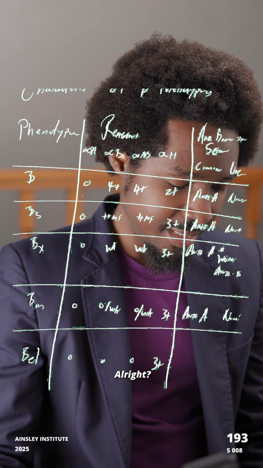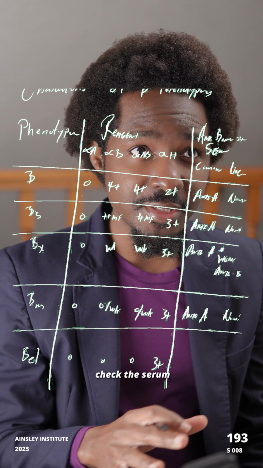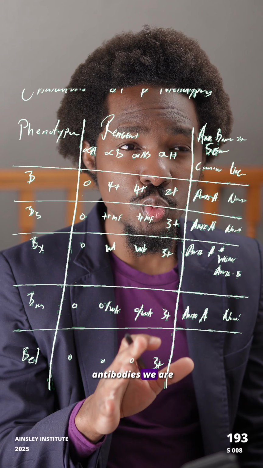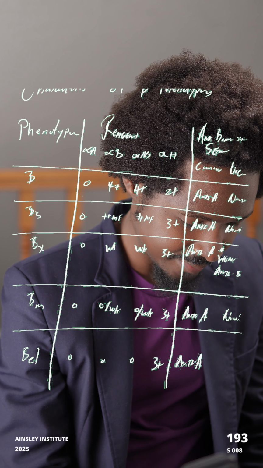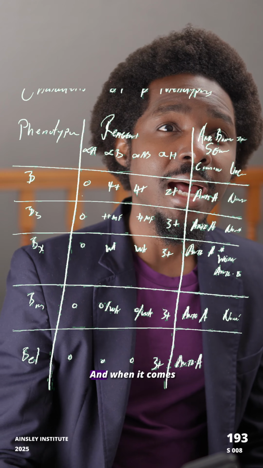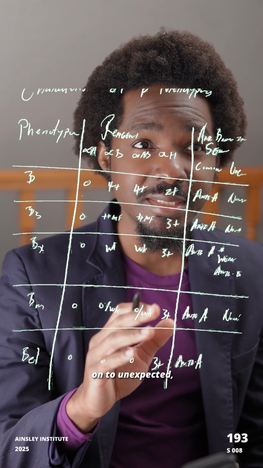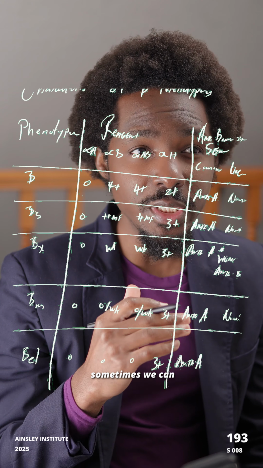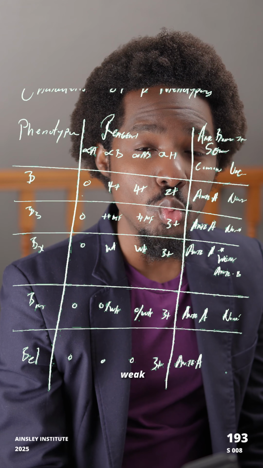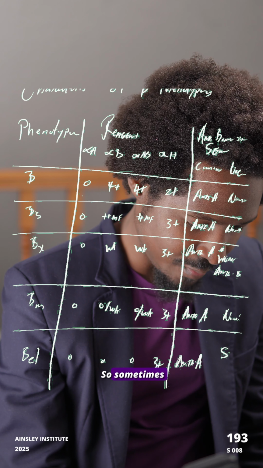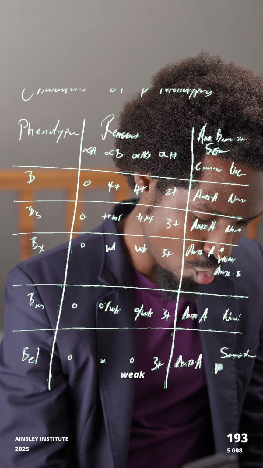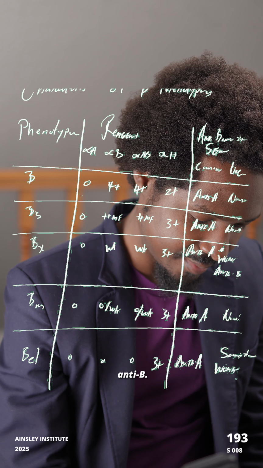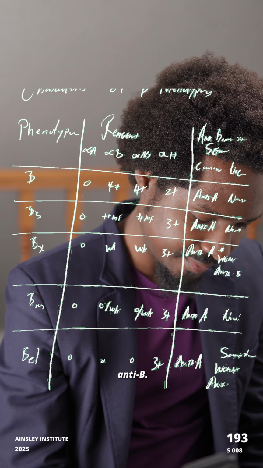When we check the serum antibodies, we are expecting to find anti-A. And when it comes to unexpected, sometimes we can have a weak anti-B.